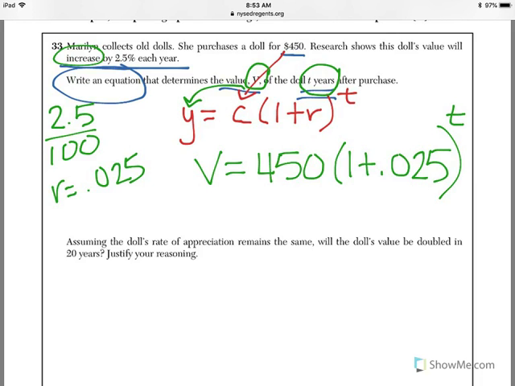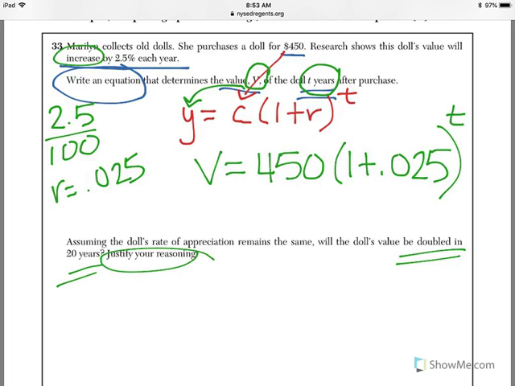Now I'm going to use this formula in the next part because it says assuming the doll's rate of appreciation remains the same, so that's that R value of 2.5% or the 0.025 decimal, that's staying the same. It says will the doll's value be doubled in 20 years? Justify your reasoning.